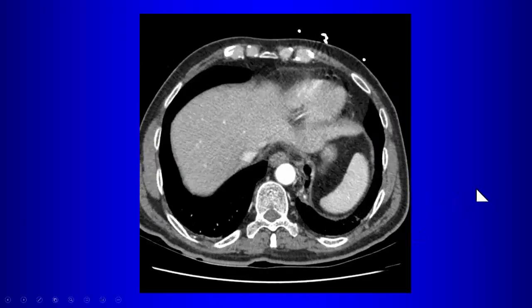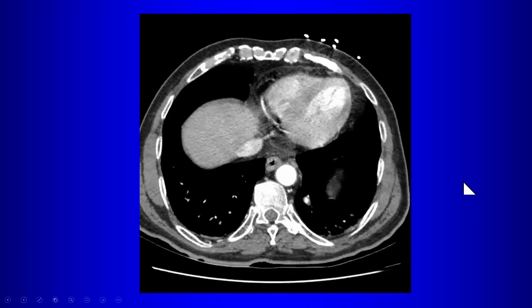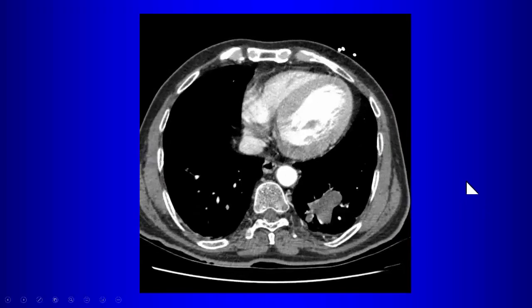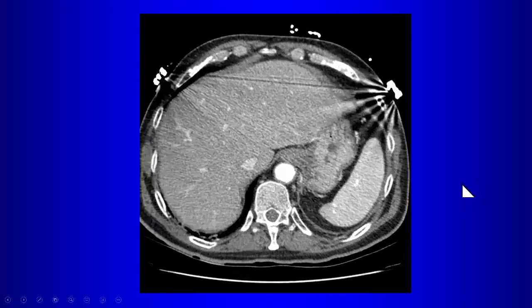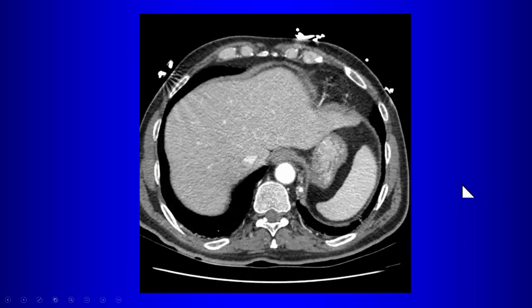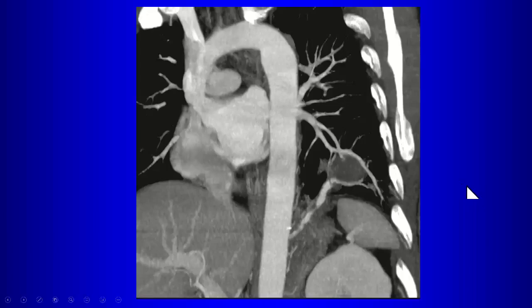So what's your diagnosis then? What's our diagnosis? How do you know if it's intrapulmonary or extrapulmonary? I thought it's the feeding vessel that comes off the aorta.